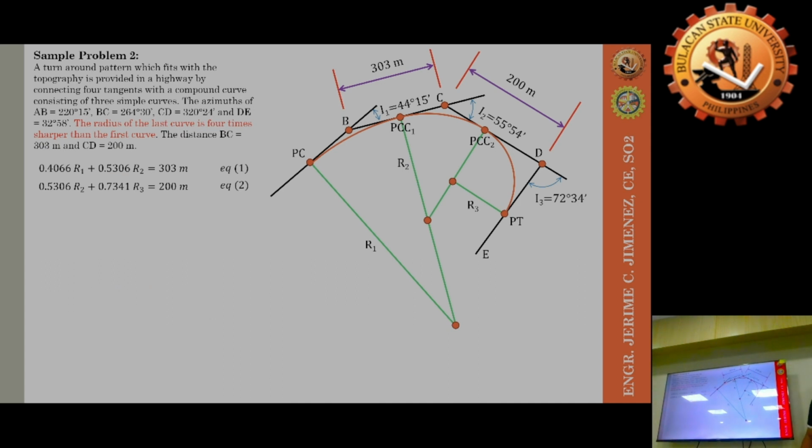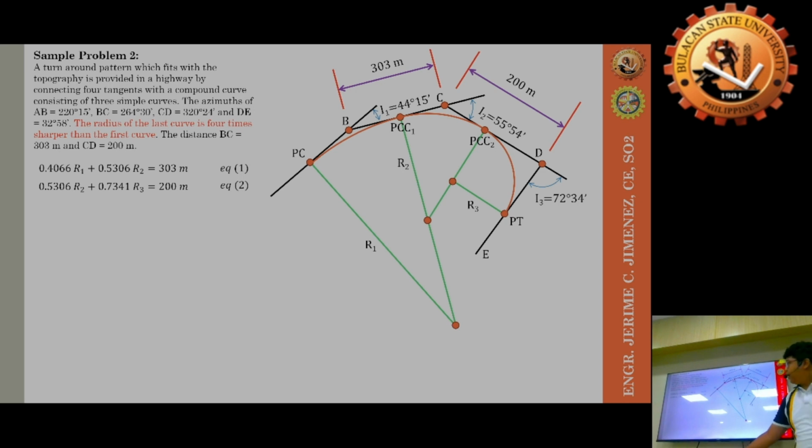Dito sa sample problem number 2 natin, may statement siyang binigay na very vital sa problem natin. Kasi kung wala itong statement na to, hindi natin masosolve yung kabuuan ng problem natin. Sabi dito, the radius of the last curve is 4 times sharper than the first curve.